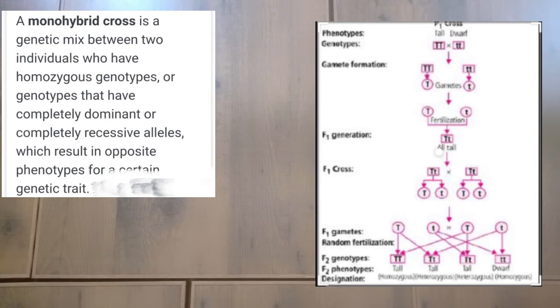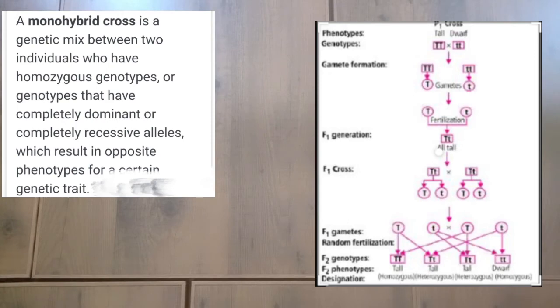Now, these F1 plants are then self-pollinated. That means capital T, small t into capital T, small t. The gametes are capital T, small t, capital T, small t.